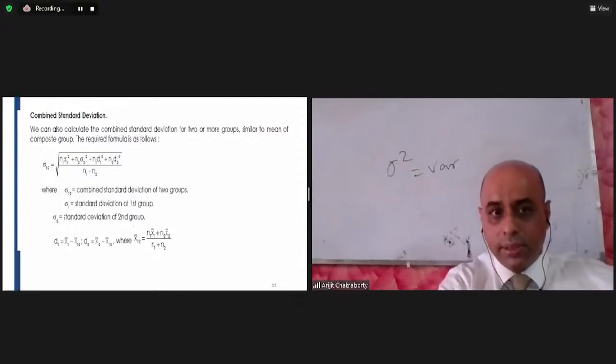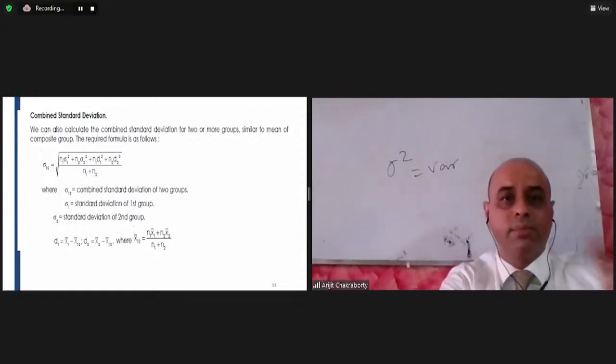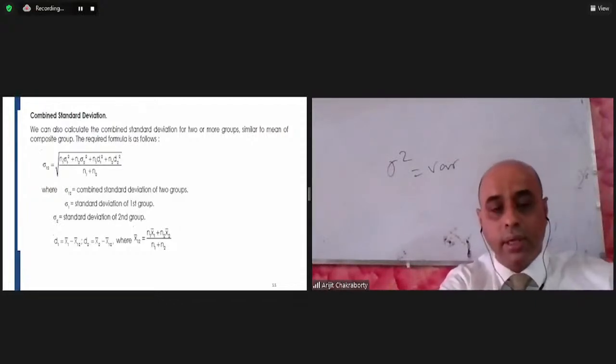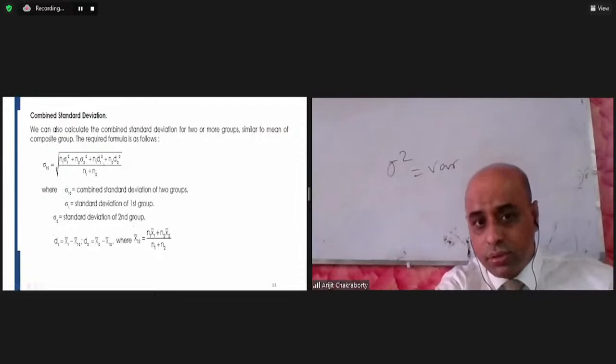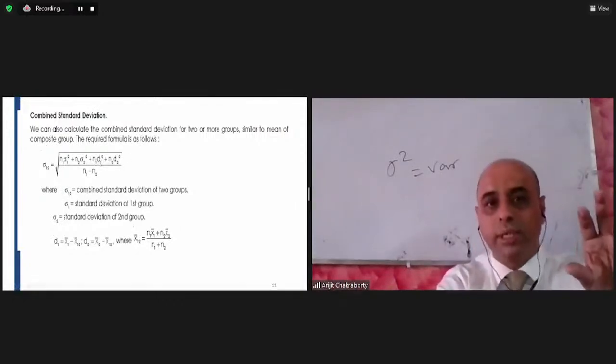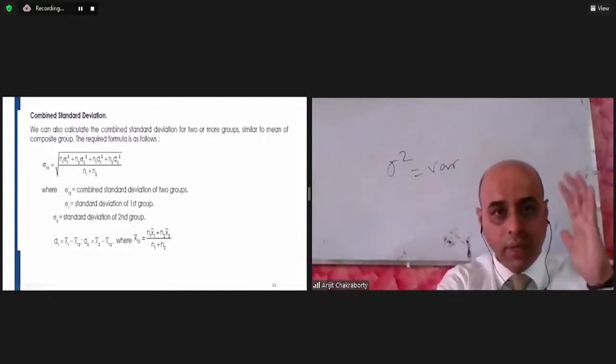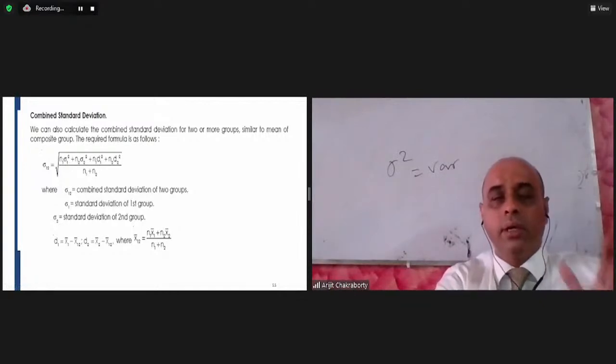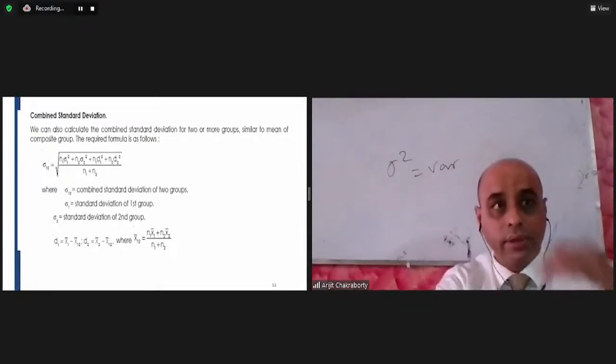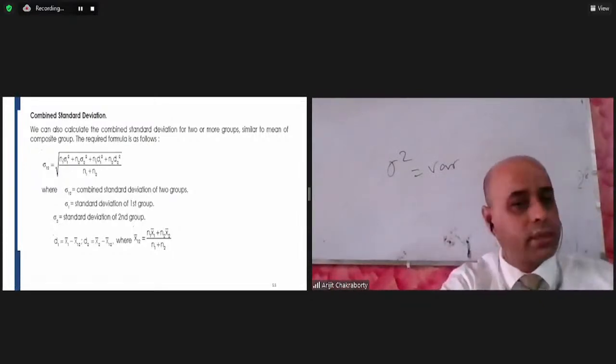Sigma 2 is 8 and N2 is 50, so you get 50 into 8 square. But D1 and D2 are both 0, so N1 D1 square becomes 0 and N2 D2 square also becomes 0. So ultimately you are only left with N1 sigma 1 square plus N2 sigma 2 square, divided by N1 plus N2.